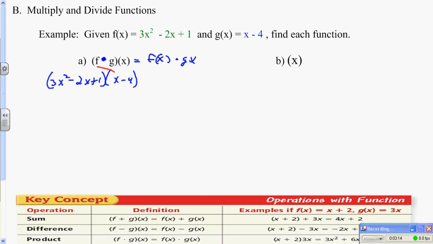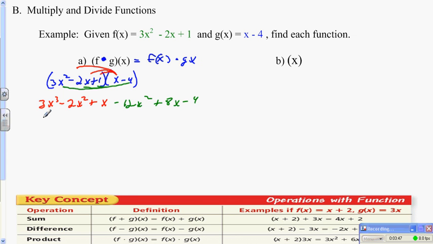So this is a question of distribution. So if we take 3x squared times x, we have 3x to the third, minus 2x times x is 2x squared, plus x. And we distribute the negative 4. And we get negative 12x squared plus 8x minus 4.